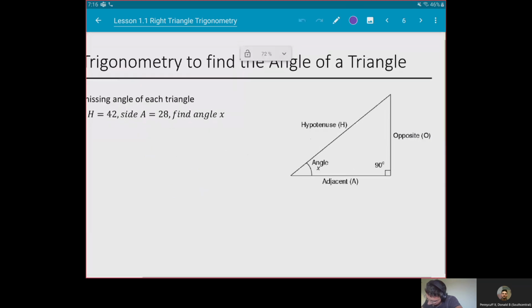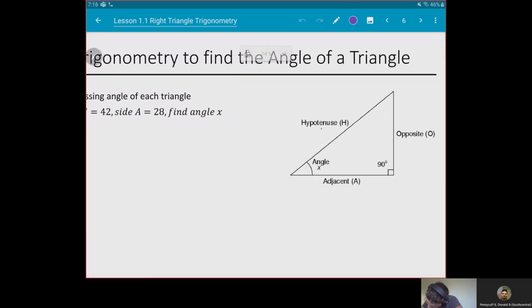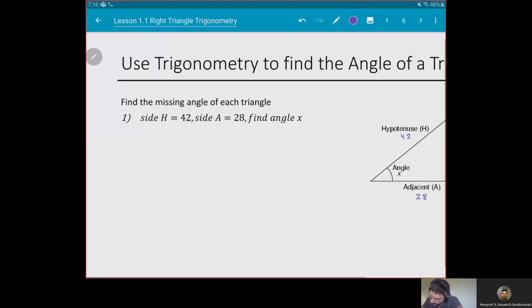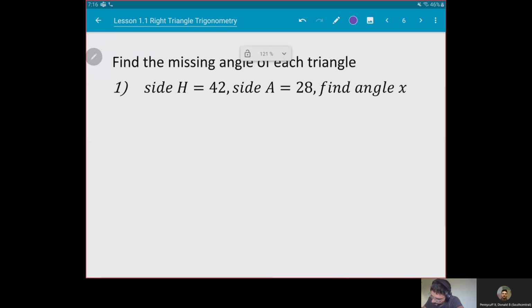So right here, we know that side H is 42. We know that A is 28, and we are trying to find our angle X. Plugging into all three formulas like we did before, we'll see that this one is cosine of X is equal to A over H. Once you've done several of these, you know which one of the formulas it's going to be.